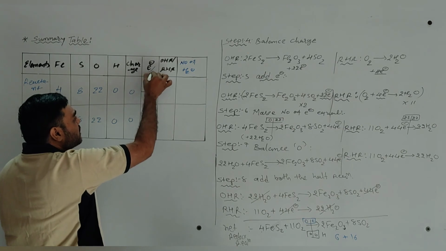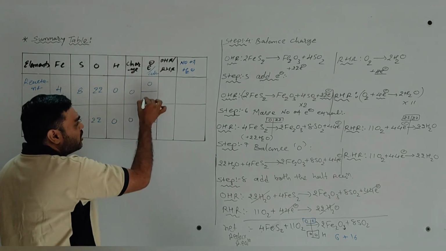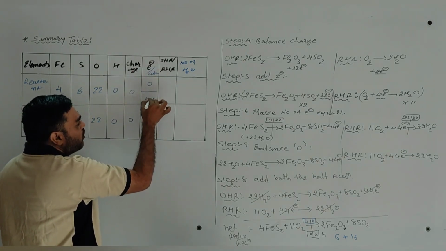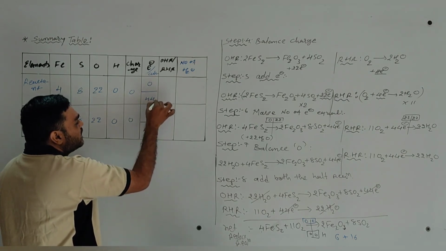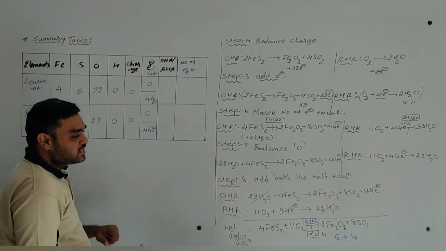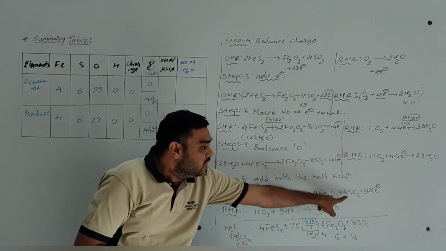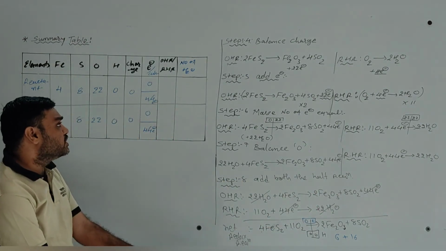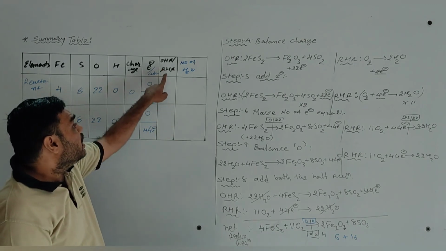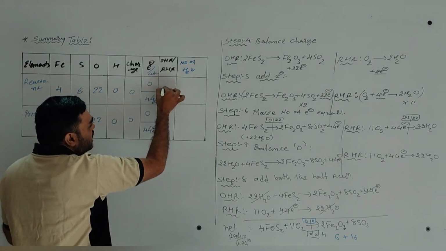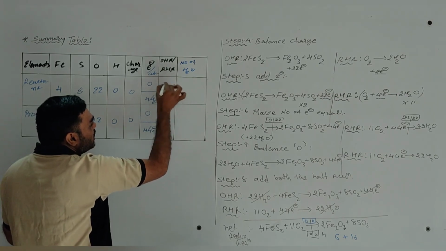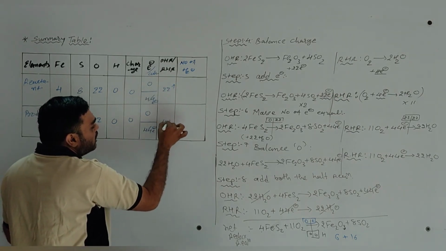You have to express the cancelled electrons: 44 here and 44 here, on both sides 44 electrons cancel out. You can write this from the addition reaction. Now the change in oxidation number in the oxidation half reaction is 22 increase and 4 decrease.